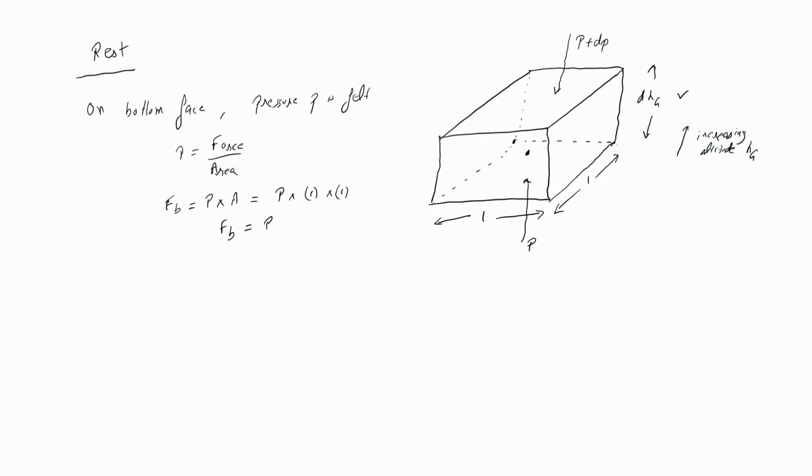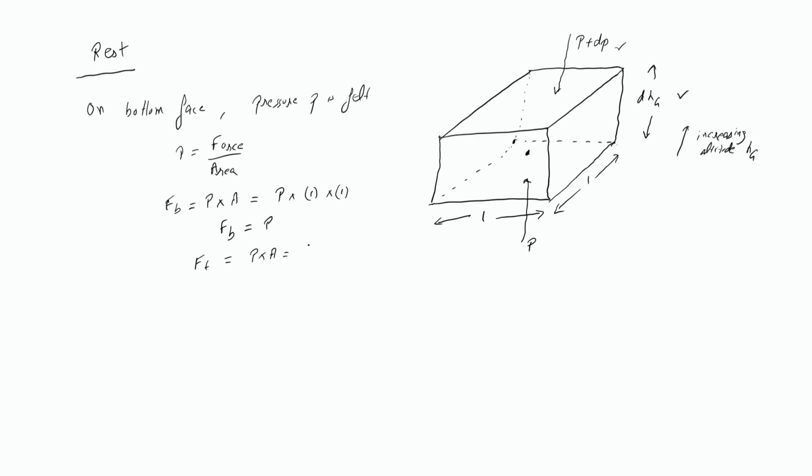The top surface is at a slightly higher altitude, by dhg. Because the pressure varies with altitude, the pressure on the top face will differ by an infinitesimally small value, that is P plus dP. Similarly, we find the pressure acting on the top face. Ft equals pressure into area.